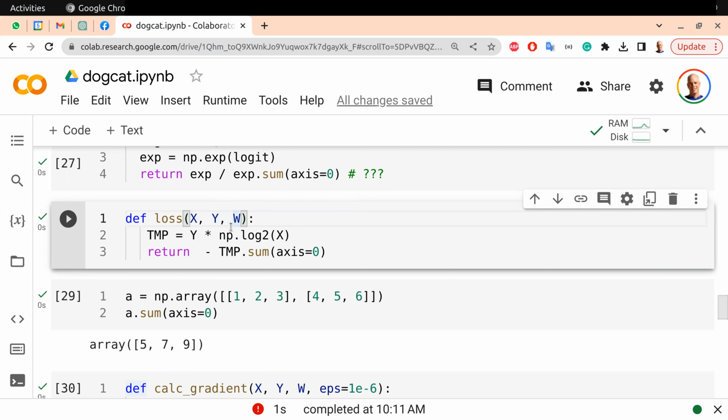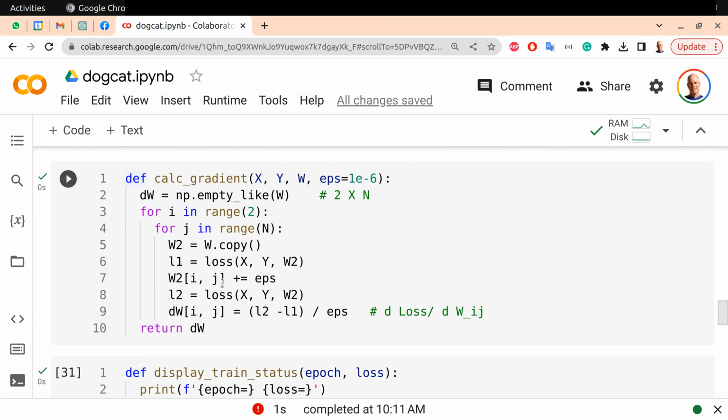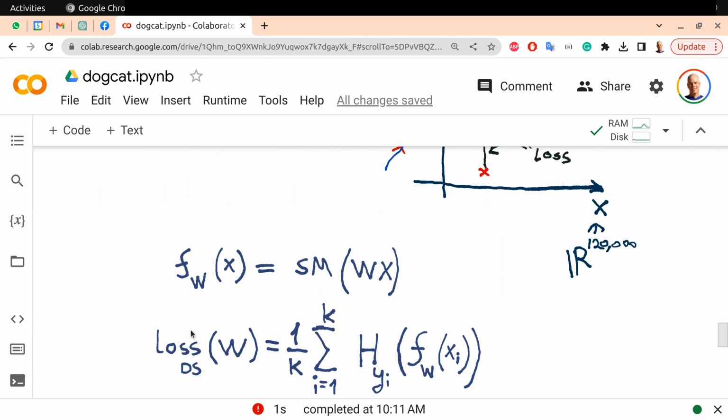And W is the weight matrix. And what did I do here? I forgot something. Let's go to the definition of loss. The definition of loss is H of F, right? Why is it H of F?